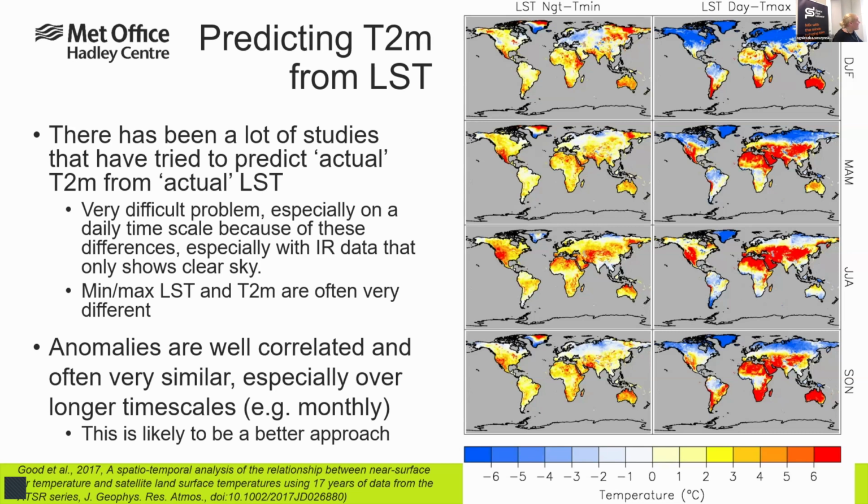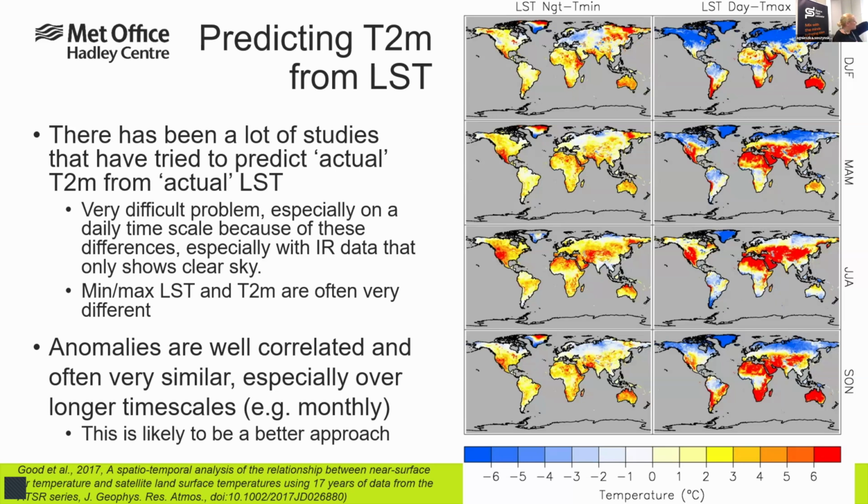And you can see that there are very large differences in many parts of the world. And this may be due to errors in the data, of course. This is an interpolated air temperature data set, so almost certainly errors in there. And also the LST data will have errors as well. And Claire is going to talk about uncertainties later. These are very important to consider when you're looking at your data.